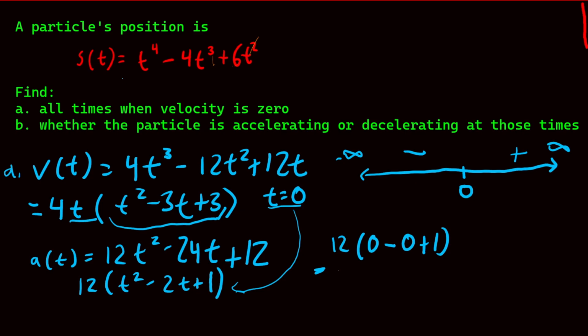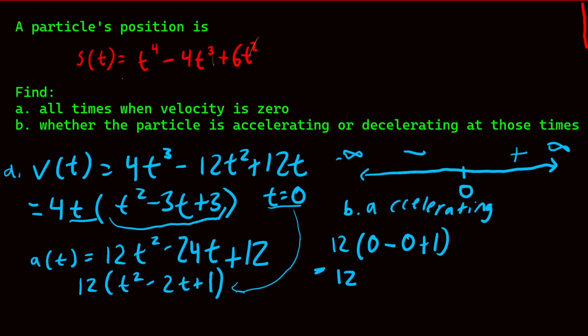And this is going to be 12, which means it's a positive number, which means the particle is accelerating. So B, I don't really have space, I'll just write here. So B, accelerating, right? It's accelerating because the velocity is 0 at time 0, and the acceleration is a positive number.